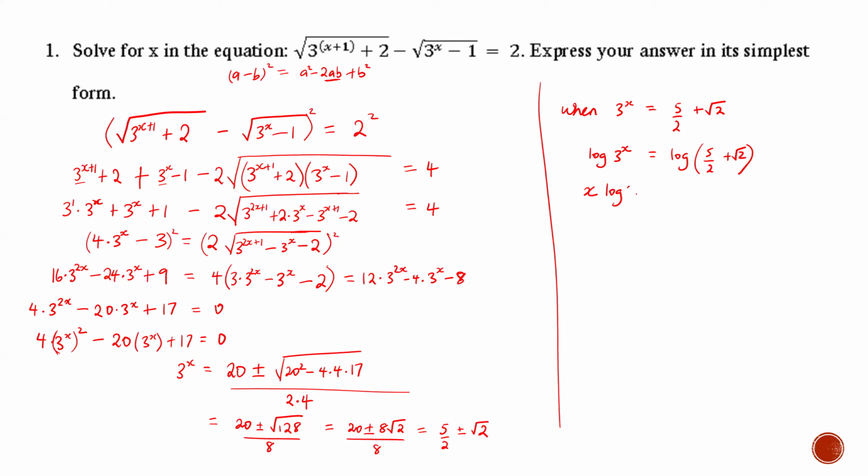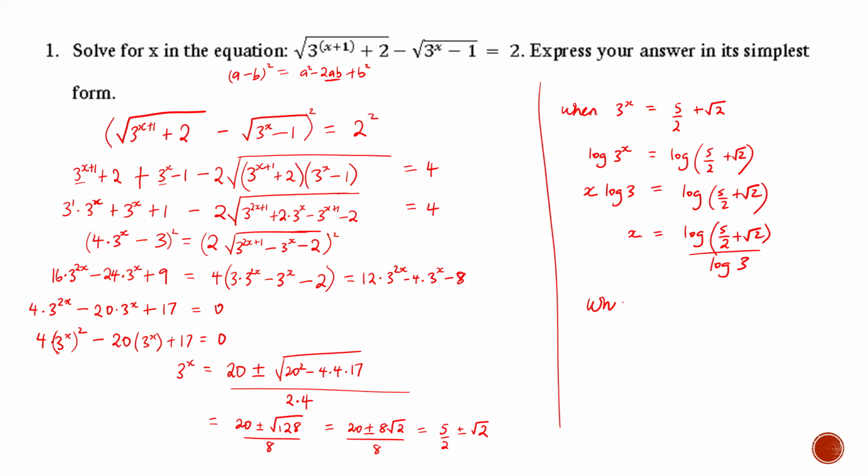So x log 3 is equal to the log of 5 over 2 plus root 2. So x will be the log of 5 over 2 plus root 2 divided by the log of 3. We've been asked to express our answer in the simplest form. So this is the simplest form. You can leave this answer like this. And this is for the case when we have plus root 2.